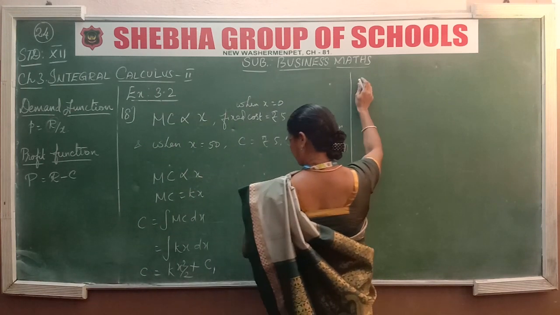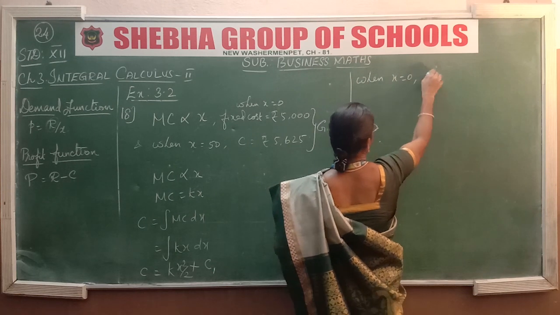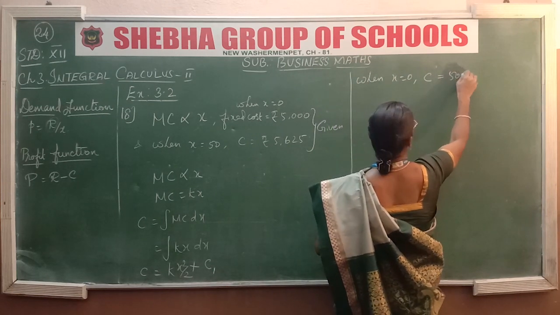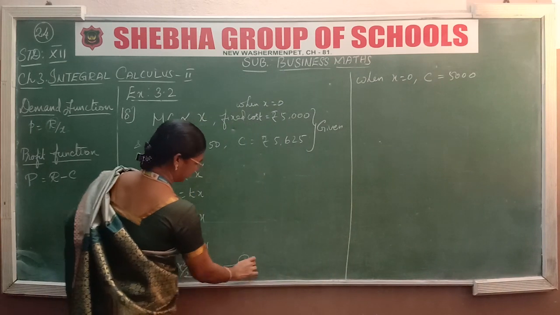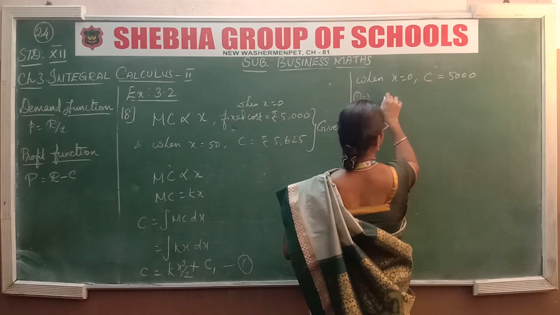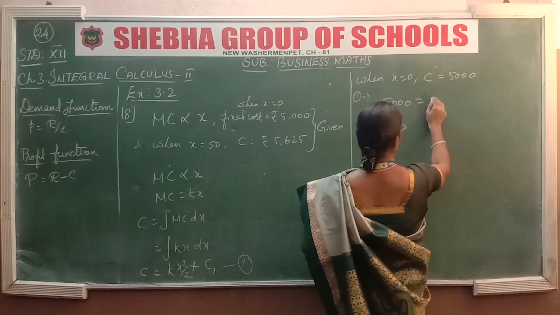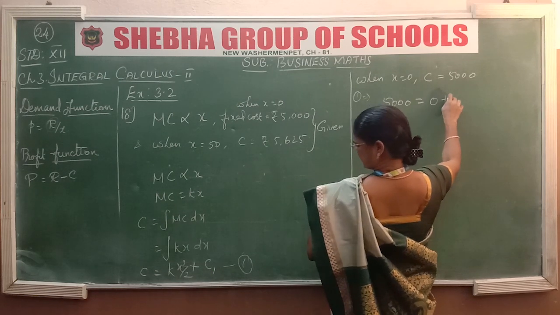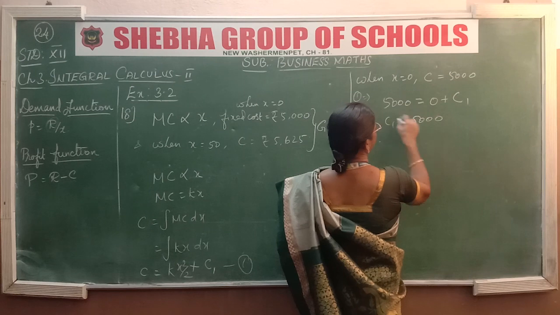Using this here, mark it as equation number 1. So 1 becomes C is 5,000 equal to x square is 0 plus c1. So our c1 value is 5,000.